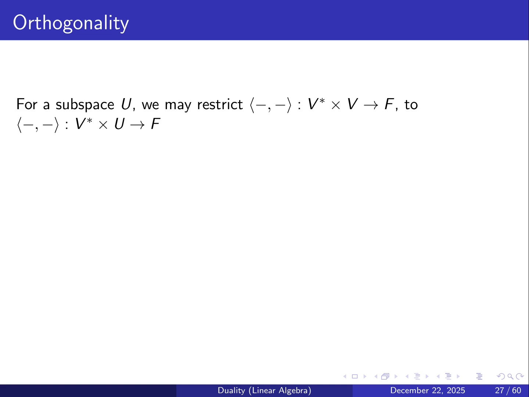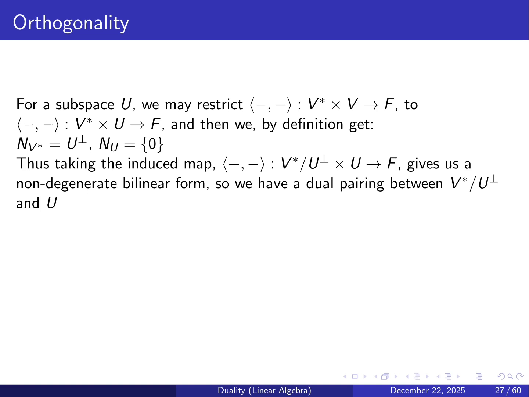Now for a subspace U, we may restrict the second argument of the scalar product to be vectors in U, and then by definition we get that the null space in V star is equal to the orthogonal complement of U, and the null space in U is equal to 0 by non-degeneracy.